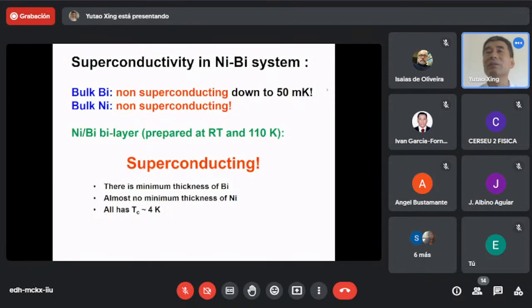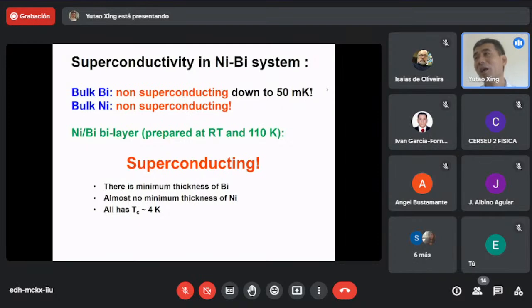Only recently, a group from India showed that a very small single crystal of bismuth can be superconducting below 50 millikelvin. But if we deposit one layer of nickel and then another layer of bismuth, even prepared at room temperature or at 100 Kelvin, the sample is superconducting.